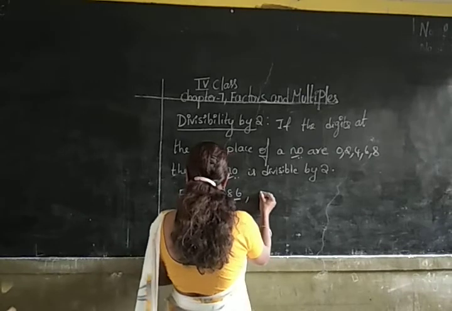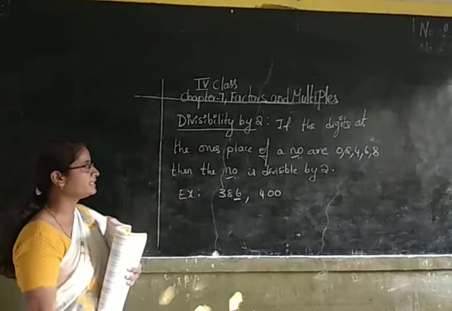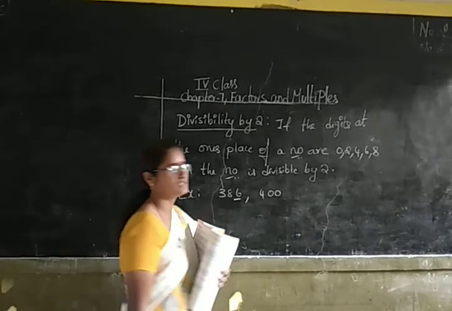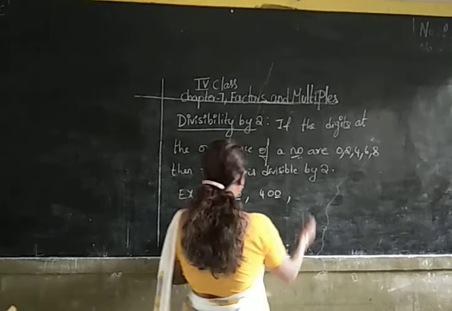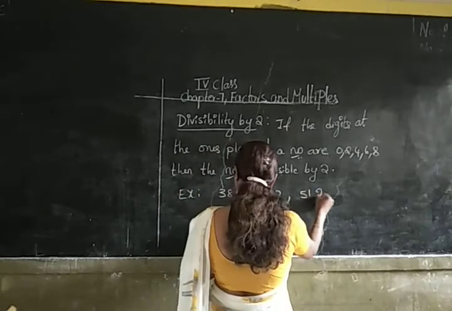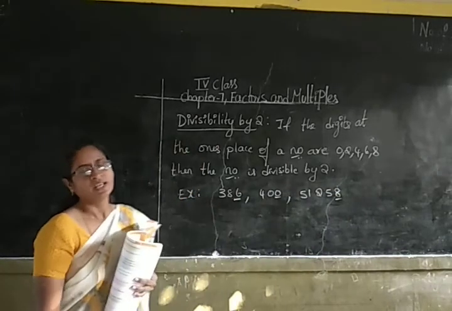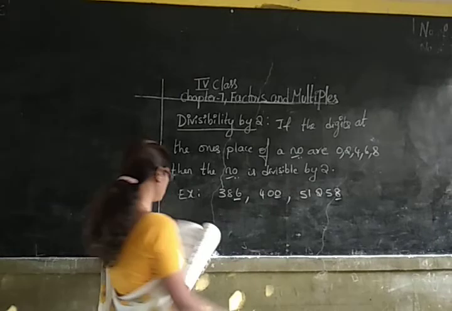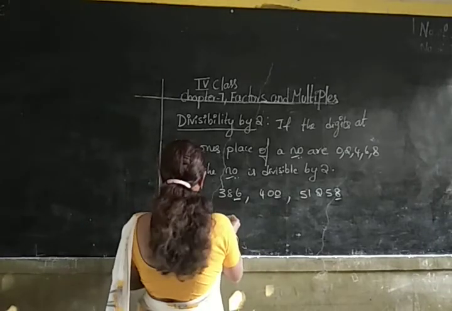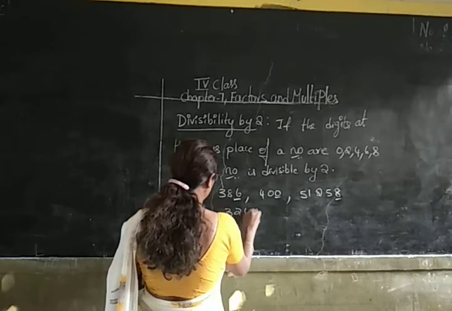Similarly, 400. Here the number has 0 at its ones place. So this number is divisible by 2. Similarly, 51,258. Here the number has 8 at its ones place. So this number is divisible by 2. One more example, 324.